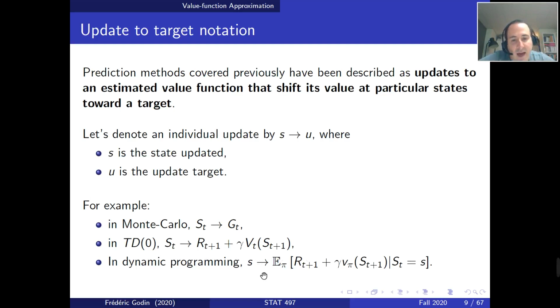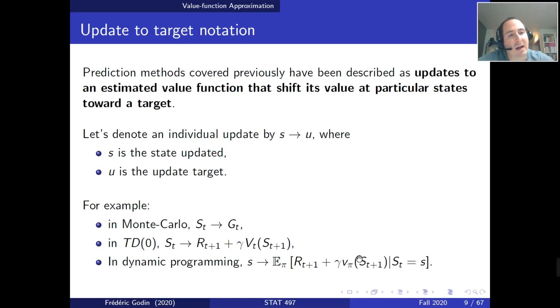So the value of some state S, any state S, was updated through, not value iteration, but the policy evaluation algorithm: the value of a state was updated by the expectation under the policy pi of the next reward plus the discount factor times the value function at the successor state, given you currently are in state S. Okay, so here if v_pi is known exactly, you can plug v_pi here, but for many algorithms it should be v_pi hat, when you have only an estimate of the value function and you refine it successively.